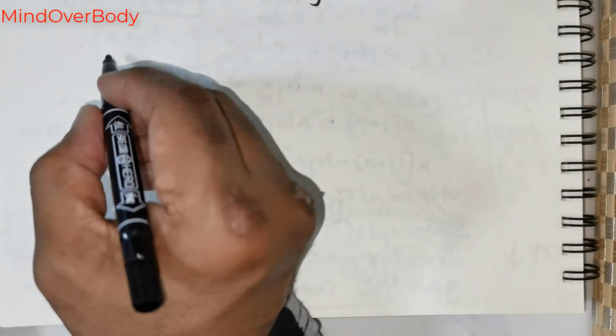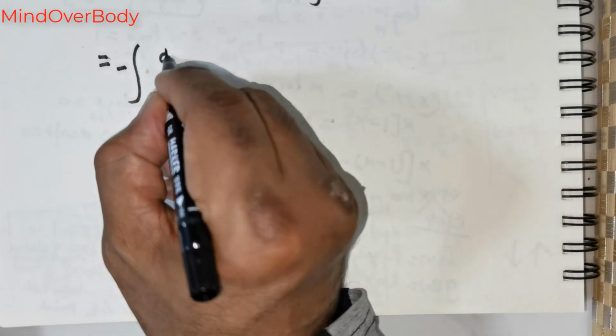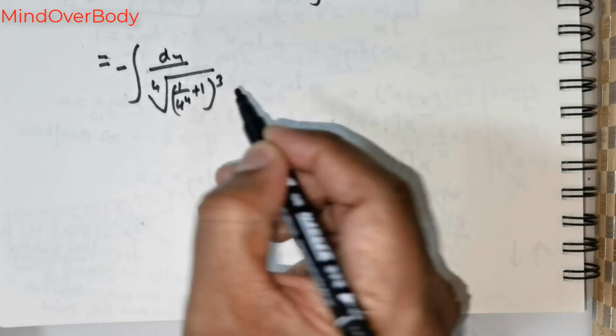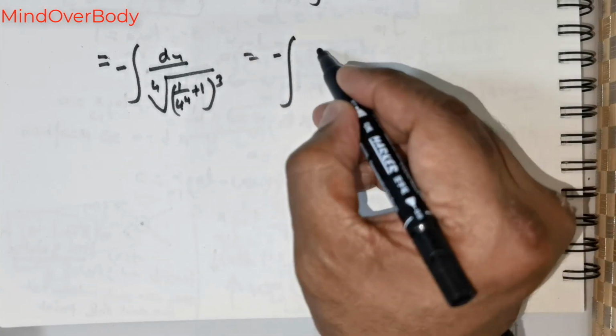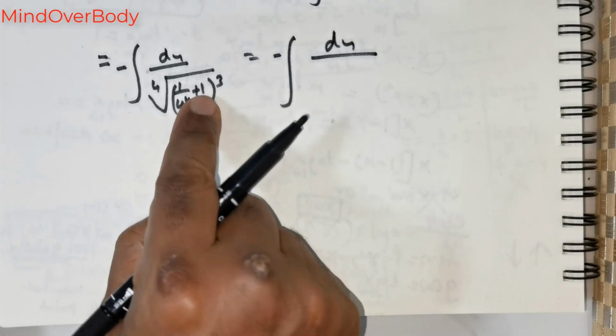After cancelling x to the power of 2, I can rewrite the available quantity as the integral of negative du over the 4th root of (1 over u to the power of 4, plus 1) raised to the power of 3. Now this can be further rewritten as negative integral du over, now u to the power of 4 can be taken as LCM.